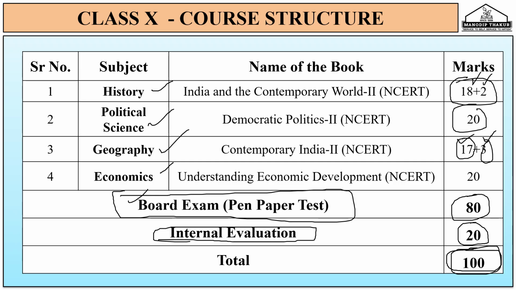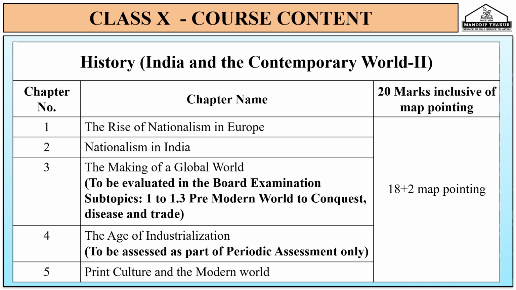Economics, Understanding Economic Development, is 20 marks. So these 20 marks of each subject comprise the 80 marks of the board exam pen and paper test. Let's discuss the course content for each subject.